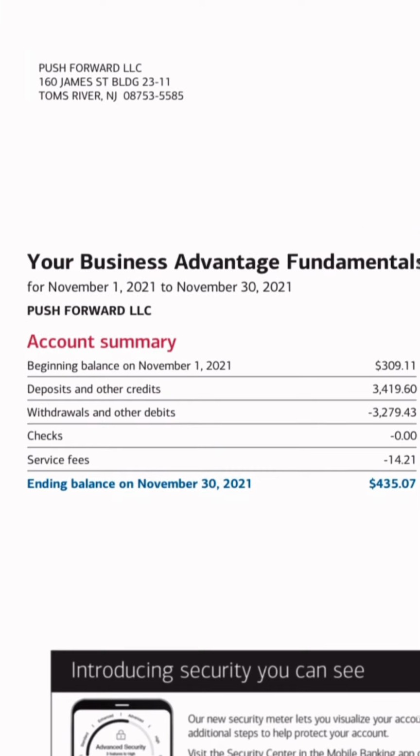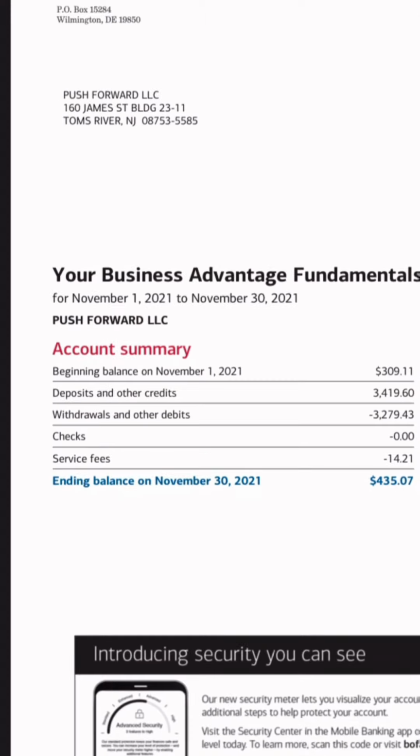Now we move on to deposits and other credits. This is a part that shows the amount which has been credited into the account, either through physical or mobile deposit, on that particular month. Now we're moving on to withdrawals and other debits.